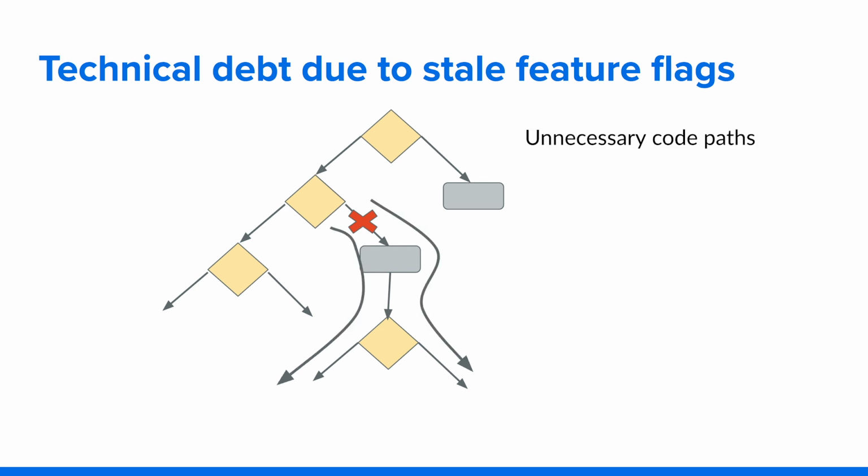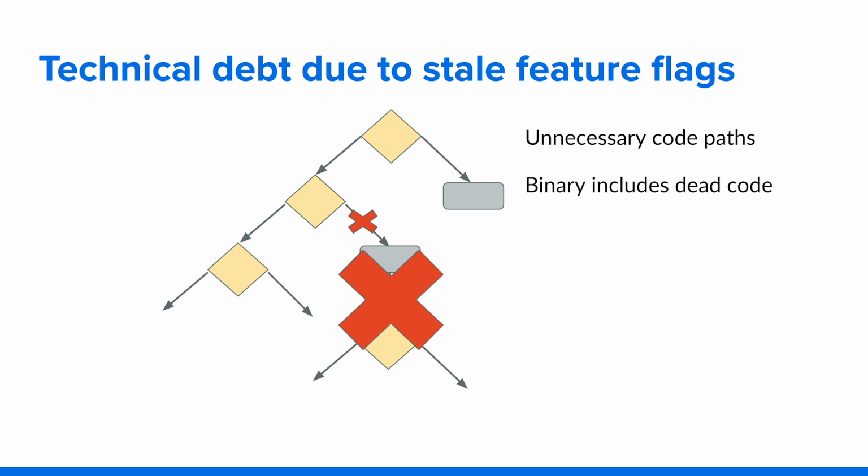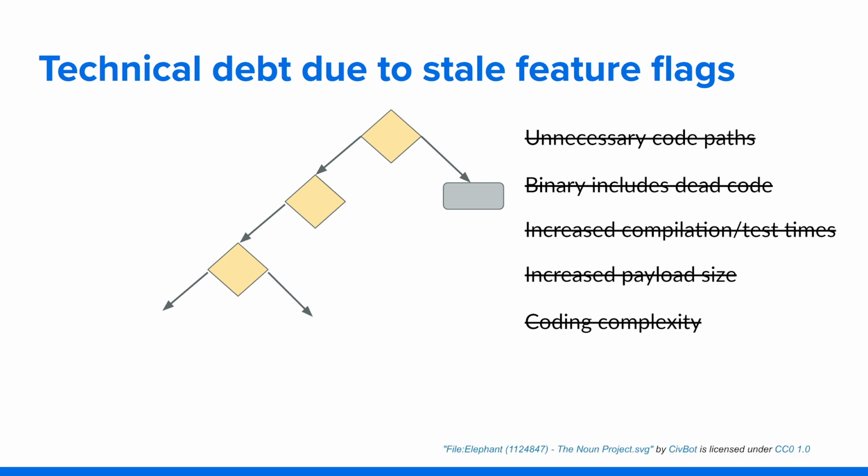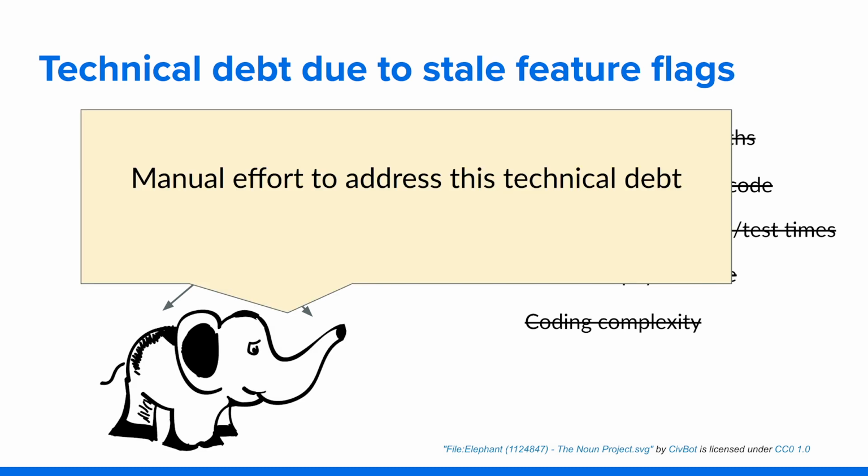It introduces unnecessary code paths, increases the binary size due to dead code, increases compilation and test times, increases the overall network payload, and overall it makes coding much more complex for the developer. Eliminating the branch and the code under it can avoid all the drawbacks. But the elephant in the room that no one talks about is the manual effort involved in addressing this debt.